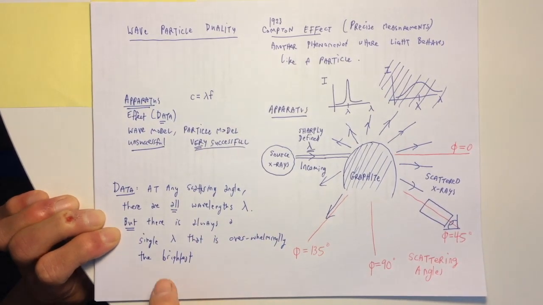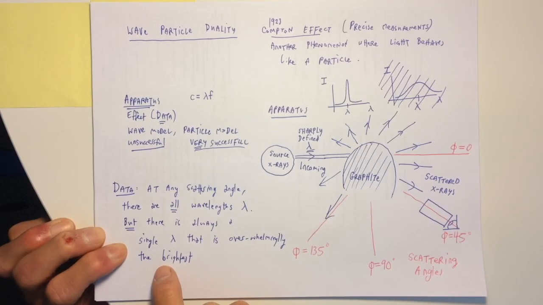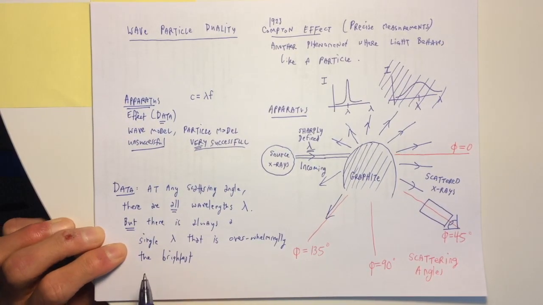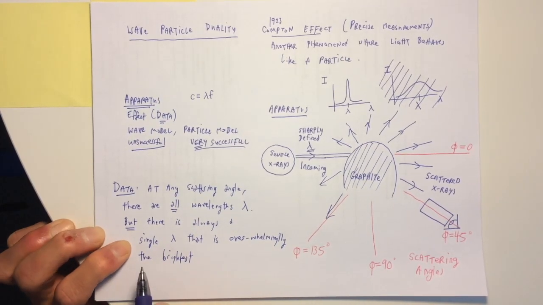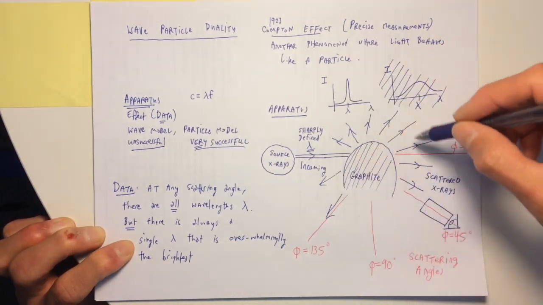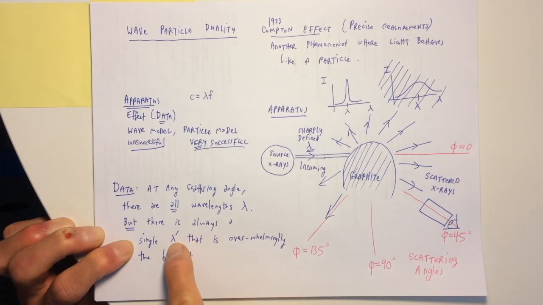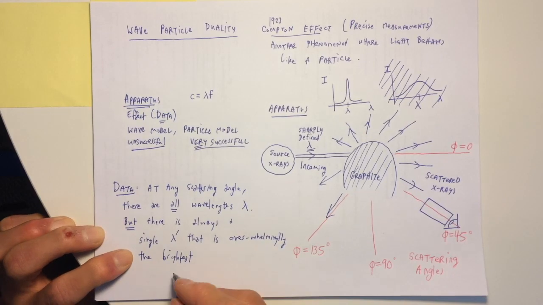And maybe this is not quite the best way, or maybe it's not actually 100% correct to say it this way, but I'm going to say it this way because I think it is about the Compton scattering effect. So I'm going to just stick with this language right now. There is always a single particular wavelength over here that's actually a lambda prime. It is different than the incoming lambda, that is overwhelmingly the brightest.